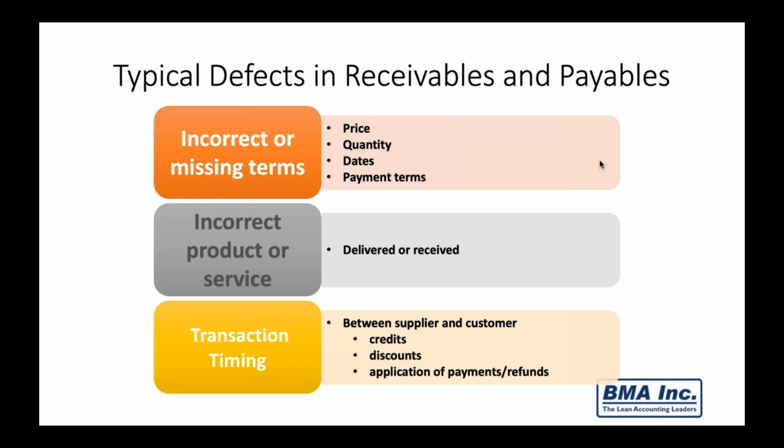Let's say the invoice was for $1,000, and they pay you $950. The reason is they're taking a credit against that invoice that maybe you applied in a different way. So you run into all those transaction timing problems also, which ends up creating a whole lot of rework.